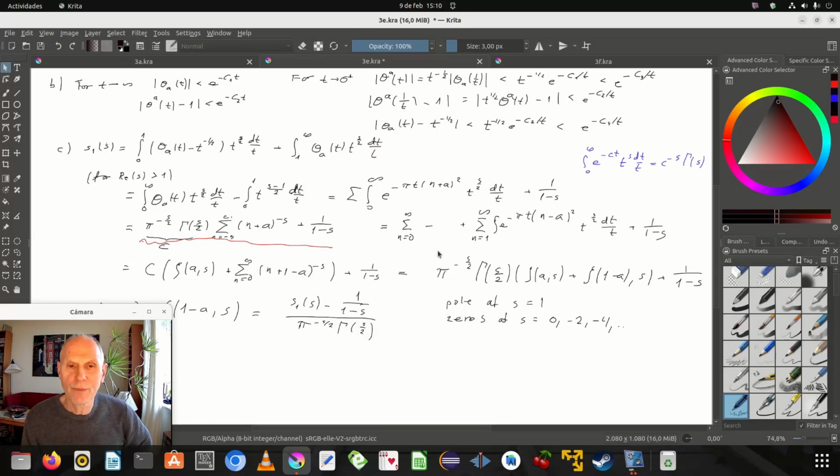And then in this sum, where we have n minus a going n from 1 to infinity, we can just substitute it with a new n prime, so that n is n prime plus 1. And this can be read exactly as the zeta function of 1 minus a, s. So that's what we get.